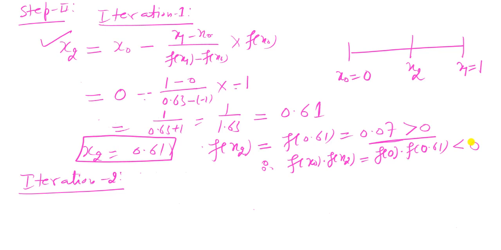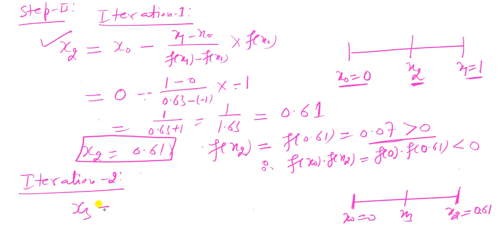It means in iteration 2, x1 is replaced by x2. So x0 is 0 and x2 is equal to 0.61, and we compute the next approximation, that is the second approximation, which is denoted by x3.